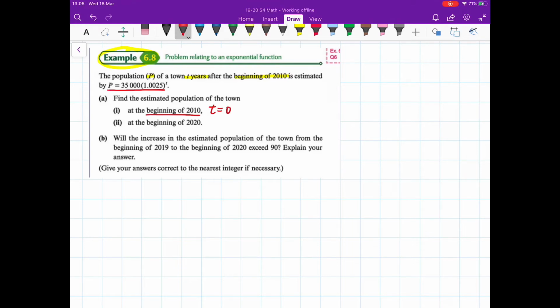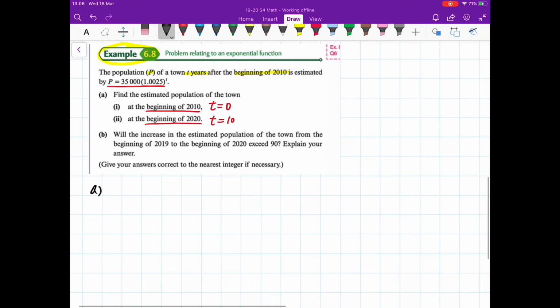So at the beginning of 2010, T should be 0. Then for A2, at the beginning of 2020, that means T equals 10. Okay, after we know what number we should substitute into T, then we can do the calculation.